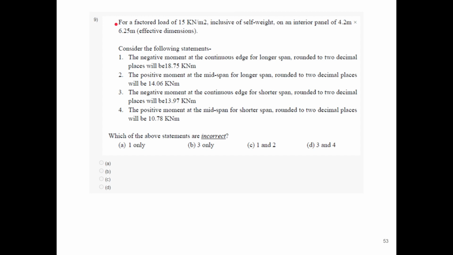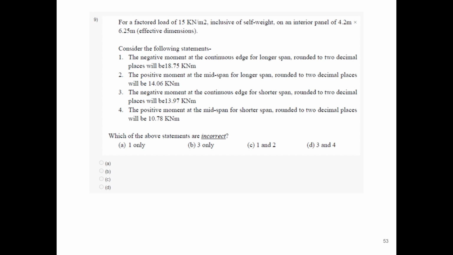For a factored load of 15 kilonewton per meter square, inclusive of self weight, on an interior panel of 4.2 meter by 6.25 meter, which are the effective dimensions, consider the following statements. One, the negative moment at the continuous edge for longer span, rounded to two decimal places, will be 18.75 kilonewton meter.